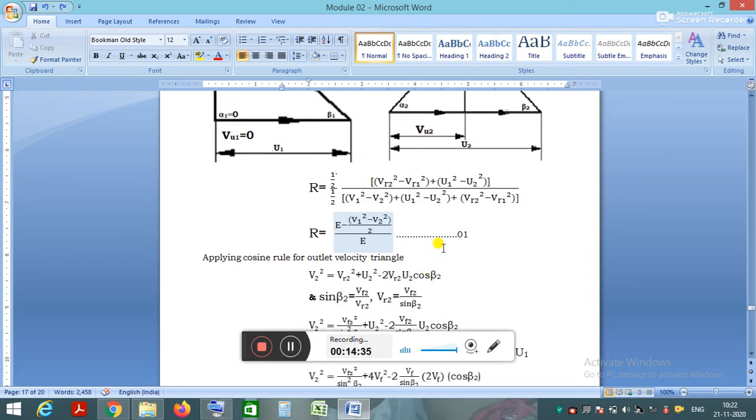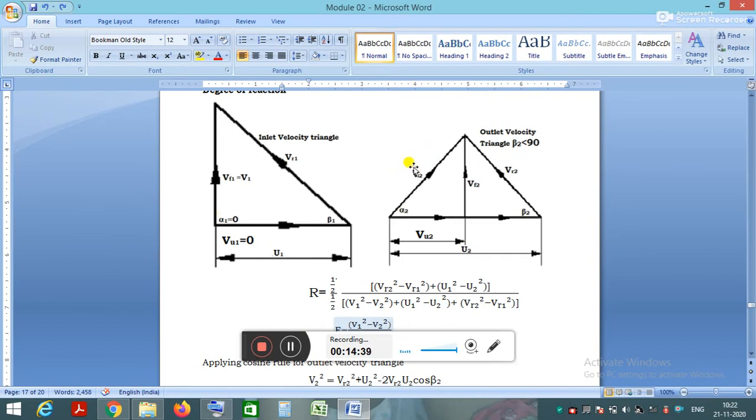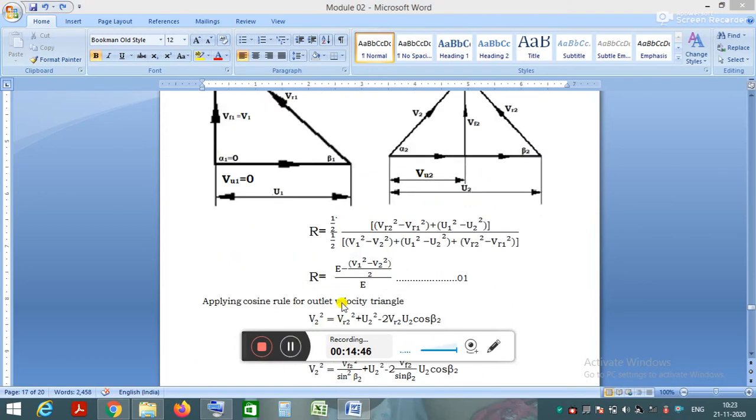The cosine rule says that the square of any one side can be given by the squares of the other two sides minus 2 times the product of the two sides into the cosine of the angle made between these two sides, which gives the third side, that is V2 square.